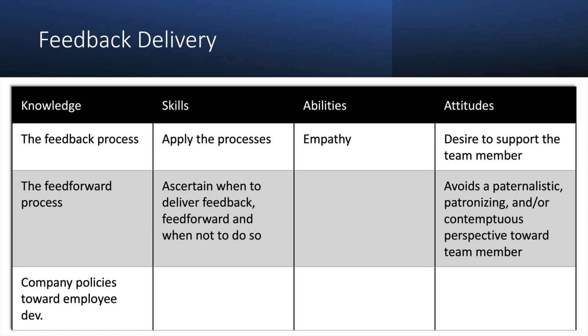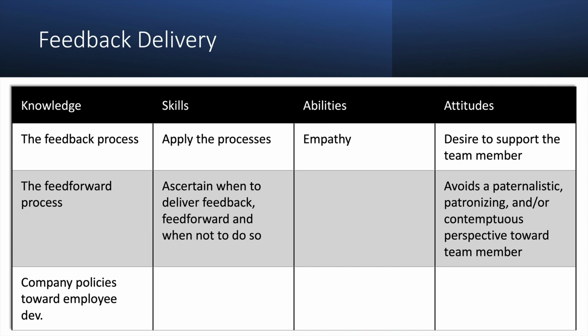So understanding the parameters, the expectations, the goals around feedback delivery all fit in the knowledge gap or knowledge box as defined here. From a skills standpoint, it's the application of those feedback and feed-forward processes. And maybe it's the ability or the competency to determine when to deliver feedback or feed forward and when not to do so, and so forth. How to evaluate whether feedback is good is a skill.